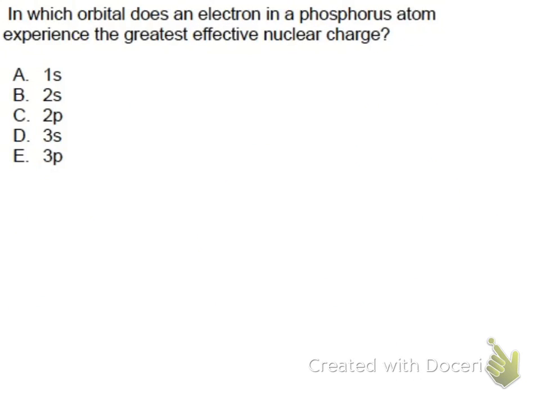The next problem doesn't exactly ask us a question about a periodic trend, but it does touch upon the central issue for periodic trends, which is the idea of effective nuclear charge. In this case, we want to know, when we put an electron in an orbital, where is it going to experience the greatest effective nuclear charge for which of those orbitals?